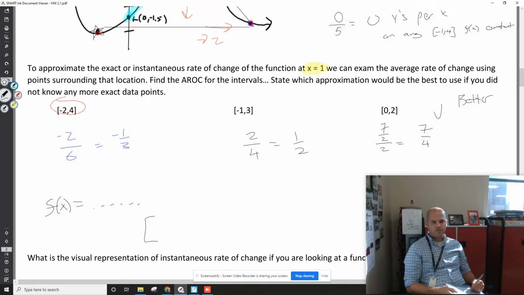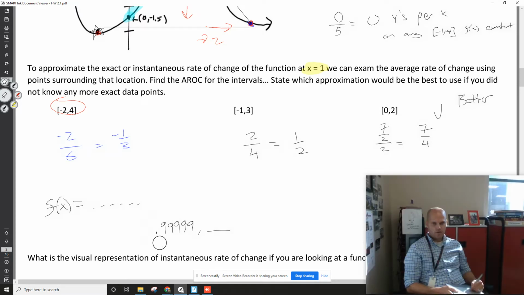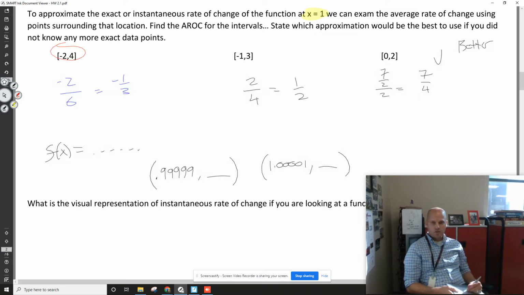If I had information where I could plug in 0.99999, find the y value, and I could plug in 1.0001 and find that y coordinate, I could subtract those 2 y coordinates and then subtract those 2 x coordinates. I'll be dividing by something that's close to 0 because 1.001 minus 0.999 would be very close to 0, but it's not 0.